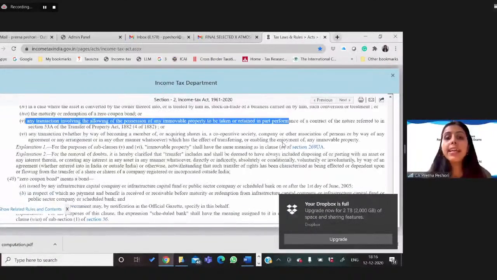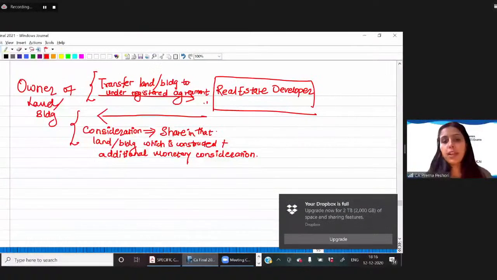So it says that any transaction involving the allowing of the possession of any immovable property to be taken or retained in part performance of the contract.